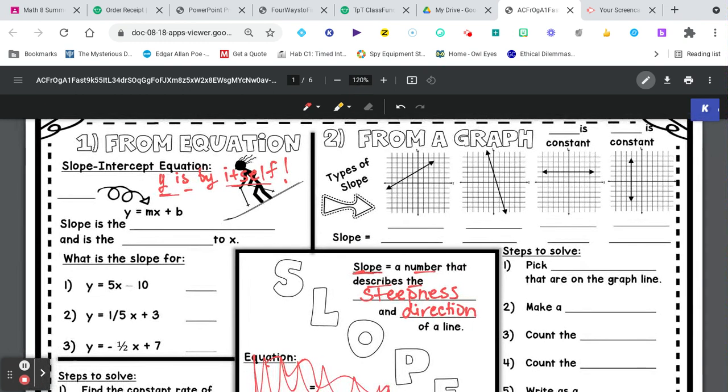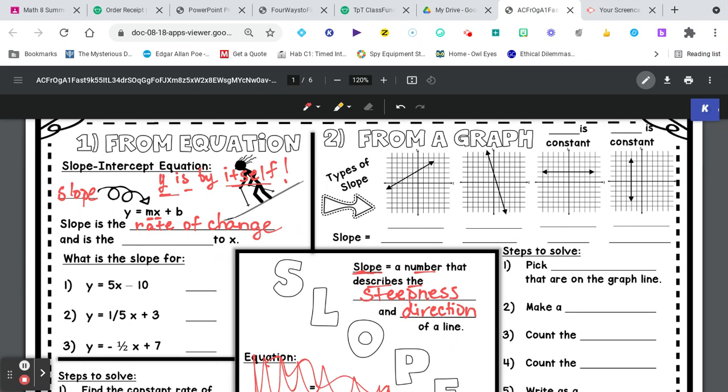All right, so this letter m is known as our slope. Our slope is always attached to the variable x. Slope is also known as the rate of change. You'll also see that. And if you join my Google Meets or you were in my class, you already know slope can be described as the rate of change.